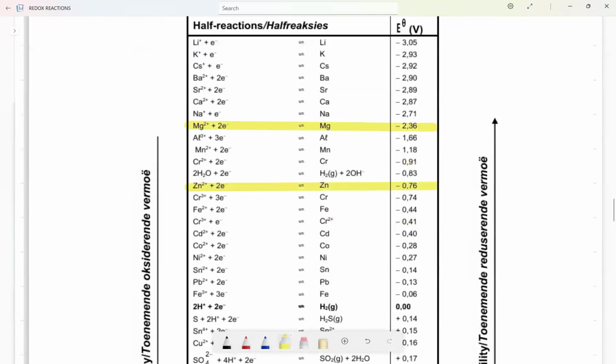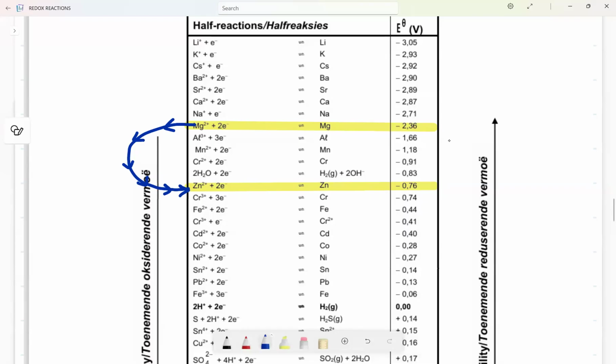So what I do is I draw my C method. My C method says I start here, so I go that direction, and then I go like that, like that, like that. What does this tell me? It tells me that this reaction, I'm going to write it from the left to the right.